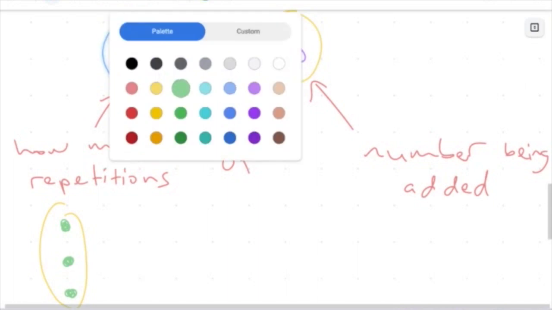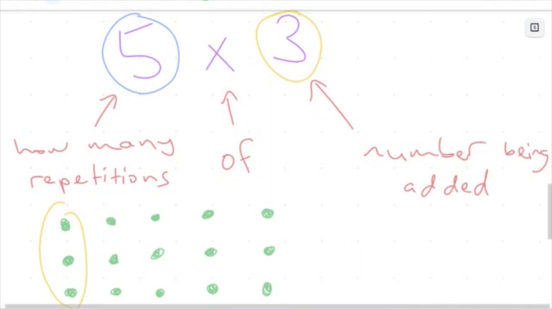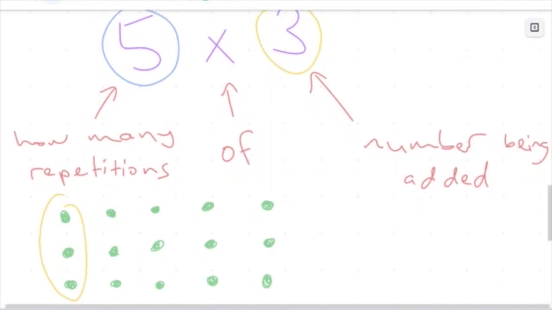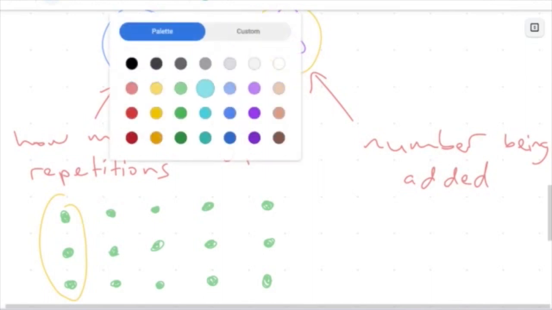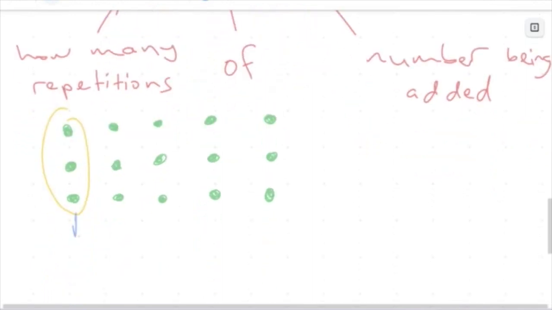Now let me show that. So this green number, I have 1 group. Here's my second group. Here's my third group. Here's my fourth group. And here's my fifth group. So this thing here represents my number of groups, or how many repetitions I have.